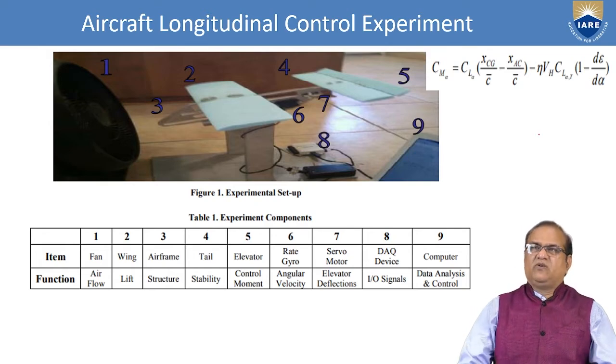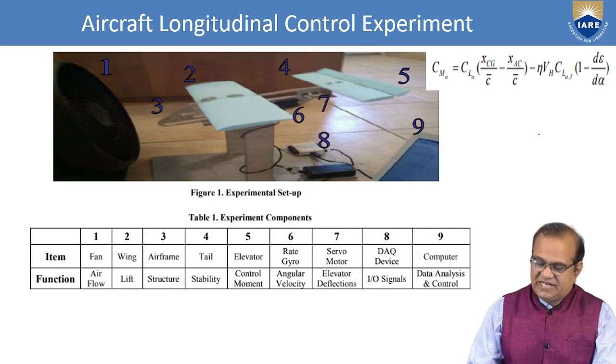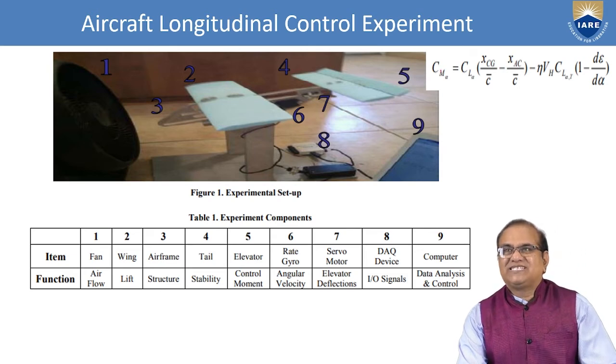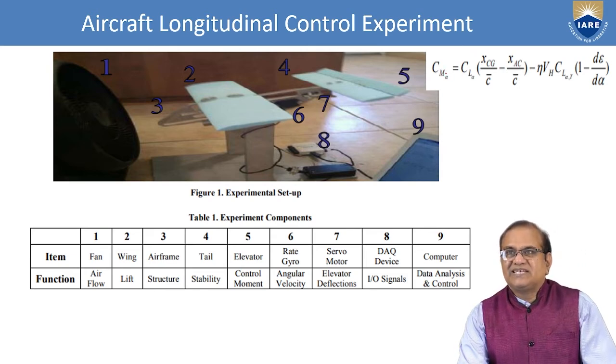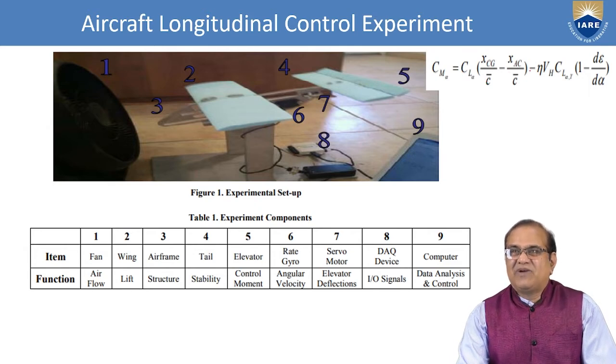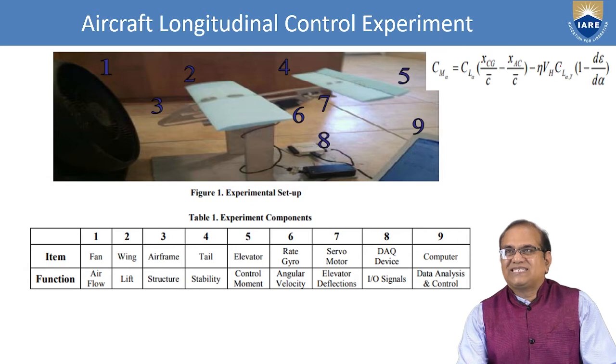Here I want to explain how to find out the Cm alpha. Cm alpha is the variation of the coefficient of moment with alpha, and it is CL alpha, xCg by C bar minus xAc by C bar, minus eta VH CL alpha T into 1 minus d epsilon by d alpha.